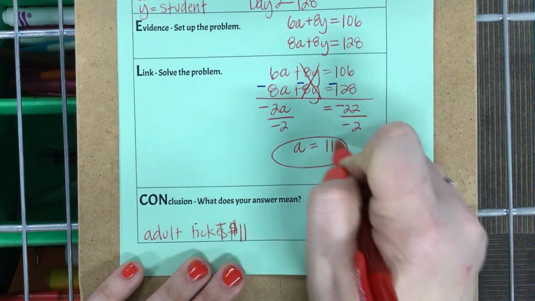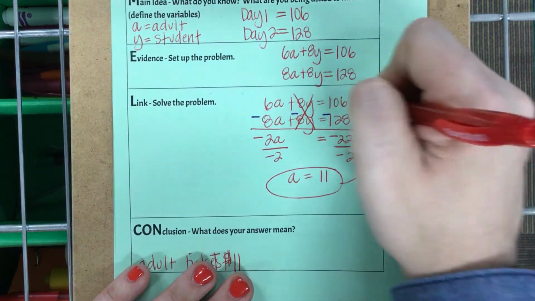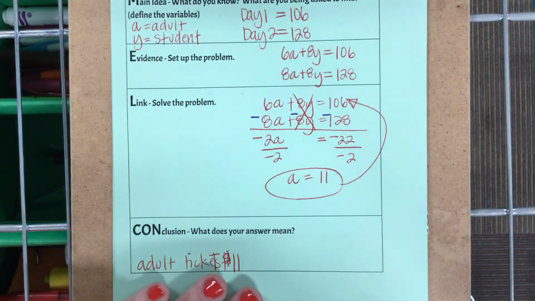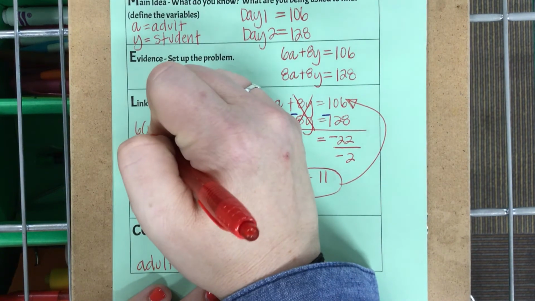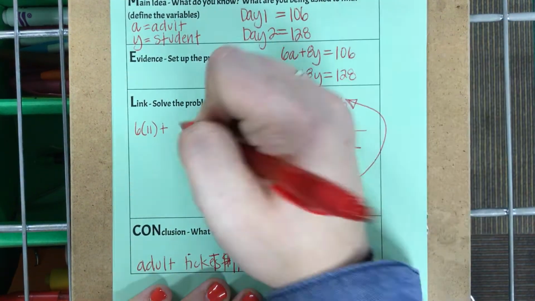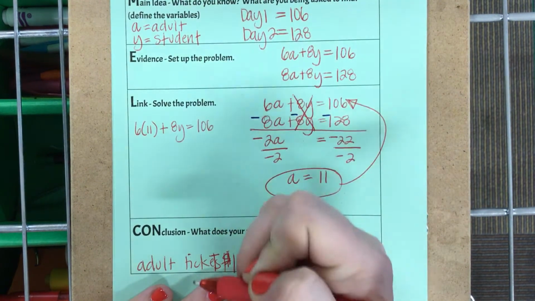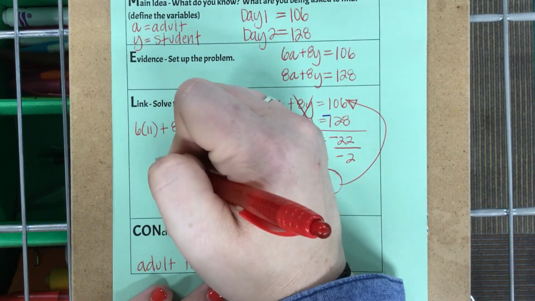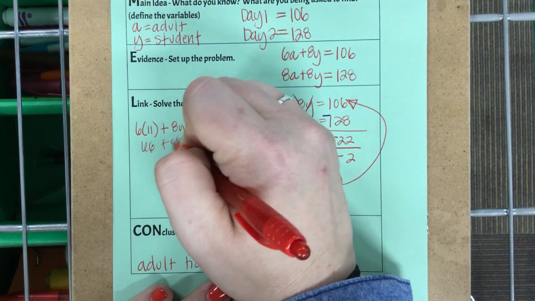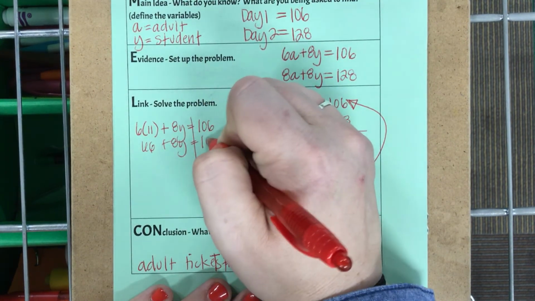Then I take that 11, I put it into an equation. 6 times 11 plus 8y equals 106. 66 plus 8y equals 106.